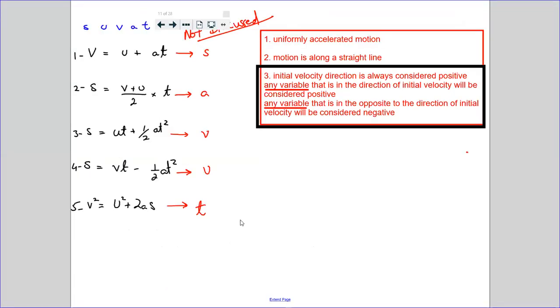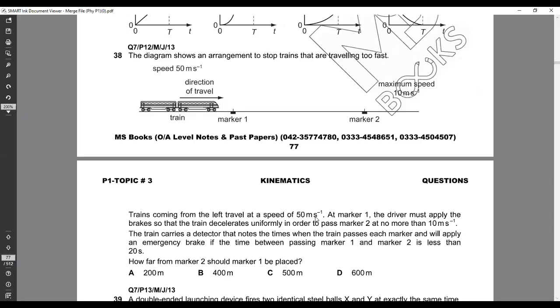Screenshot? Yes. Okay, so the question is here. So that's the question. Check what variables are given, write them with their symbols, and check which one is not discussed. Use that equation and find your answer. I will be waiting for your answers, okay?